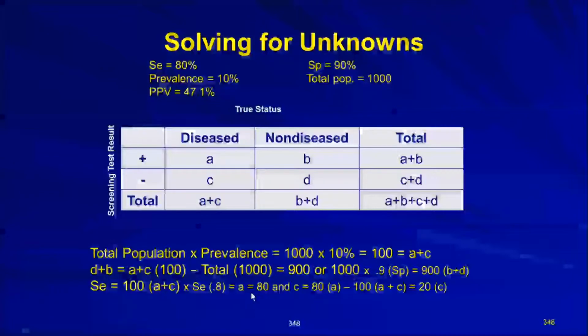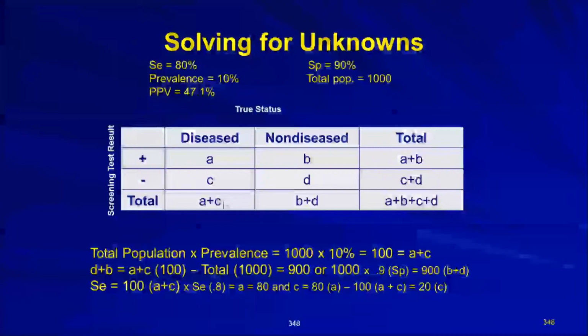So 0.8 equals 80, and so 80 cases would go in cell A. Then we're going to subtract cell A from the total, which is going to give us 20. So this is going to be 80 and 20, which is going to lead to 100.